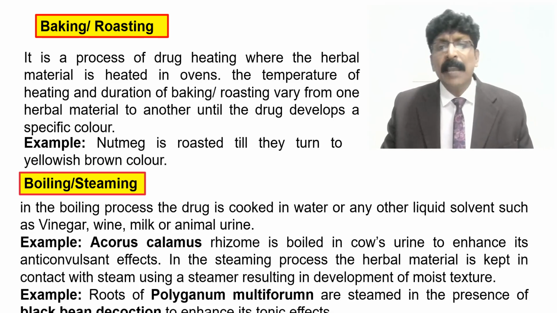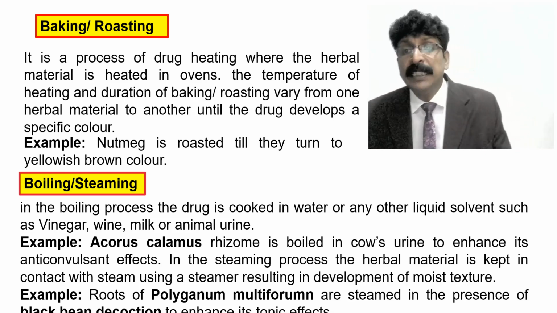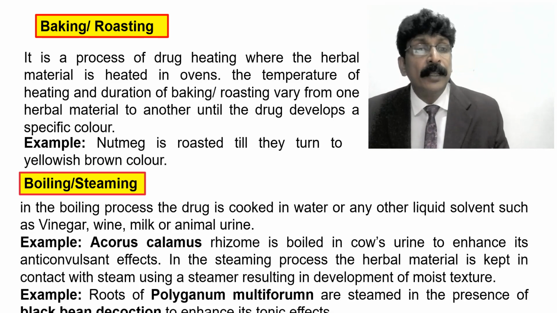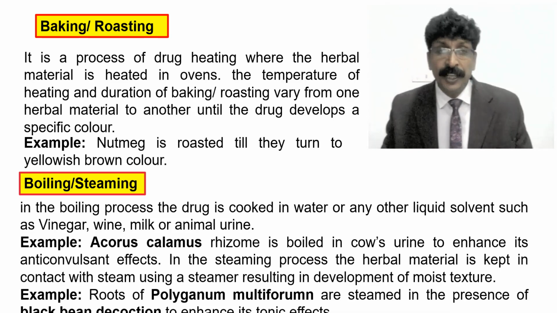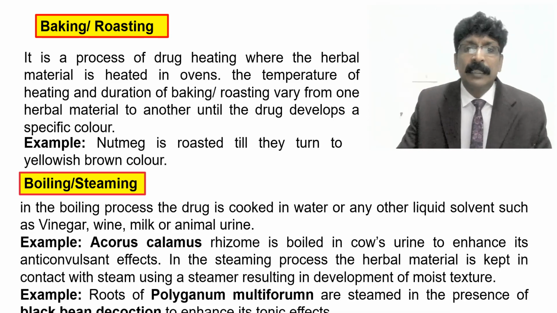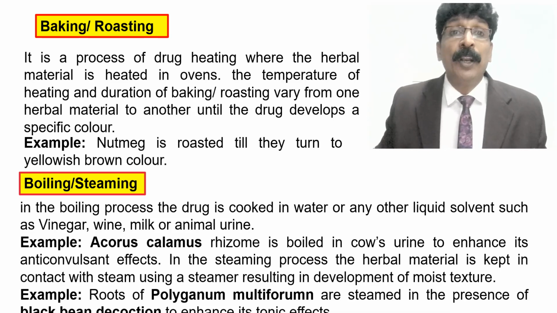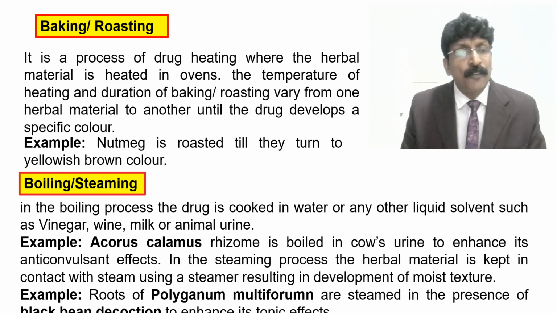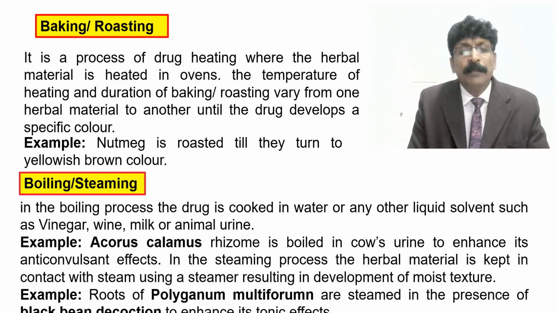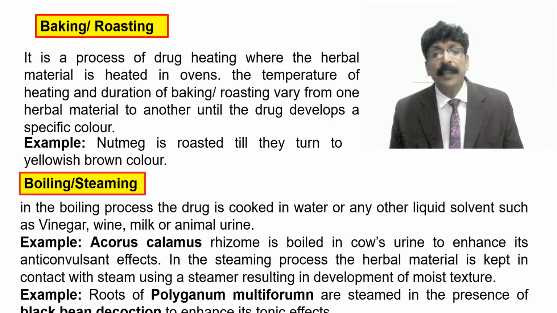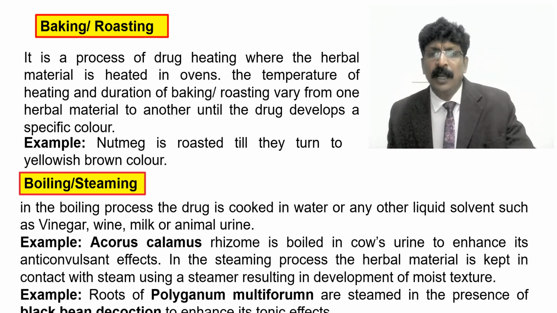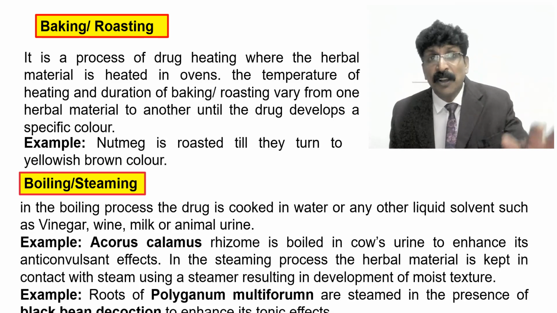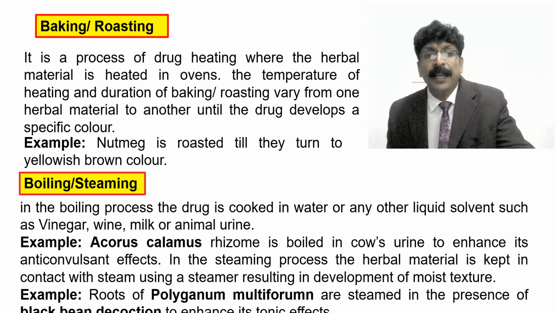In the steaming process, the herb material is kept in contact with steam using a steamer, resulting in development of a moist texture. For example, roots of Polygonum multiflorum are steamed in the presence of black bean decoction to enhance the tonic effect.